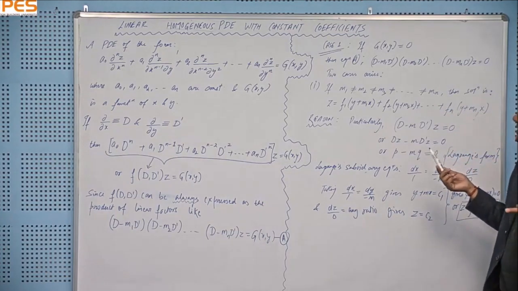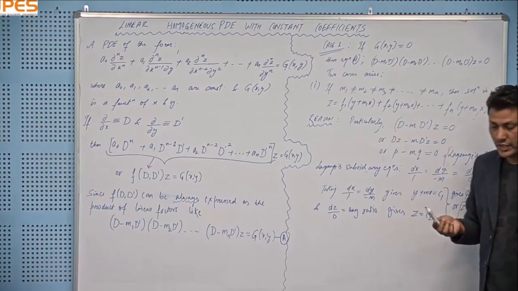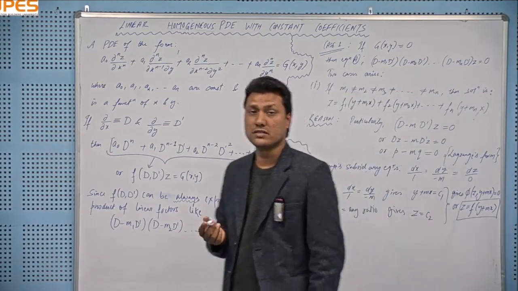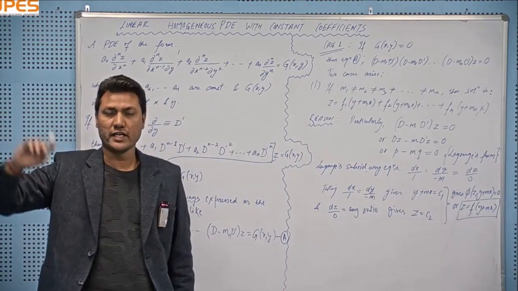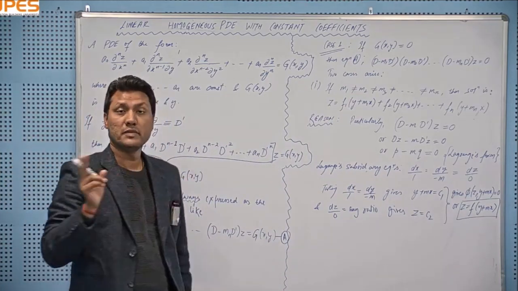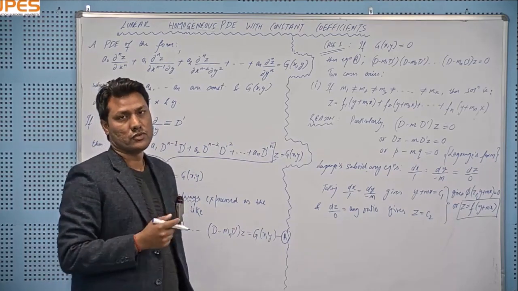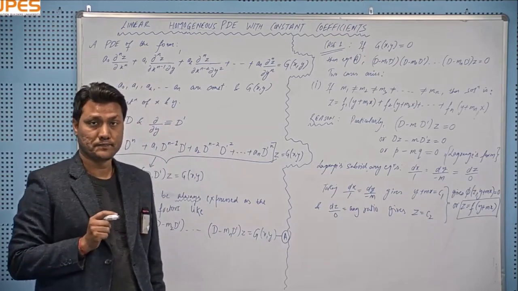And notice why we have added all these solutions. As you know, for any linear differential equation, whether it is an ODE or a PDE, if y1, y2, y3 up to yn are linearly independent solutions, then they can always be added up to give the full solution, as you remember from the theory of ODE.